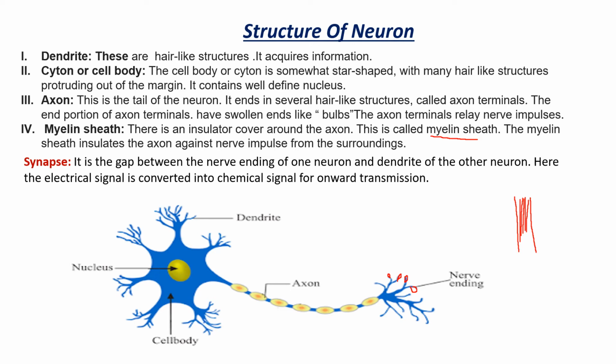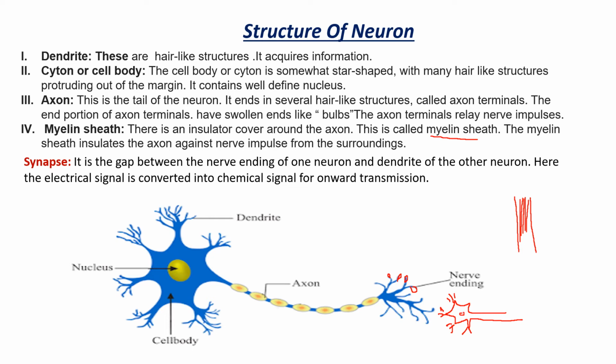Now this is the synapse. What is a synapse? Suppose this is the nerve ending of this particular nerve cell, and let's draw another nerve cell right here, and there are the dendrites of the other nerve cell.